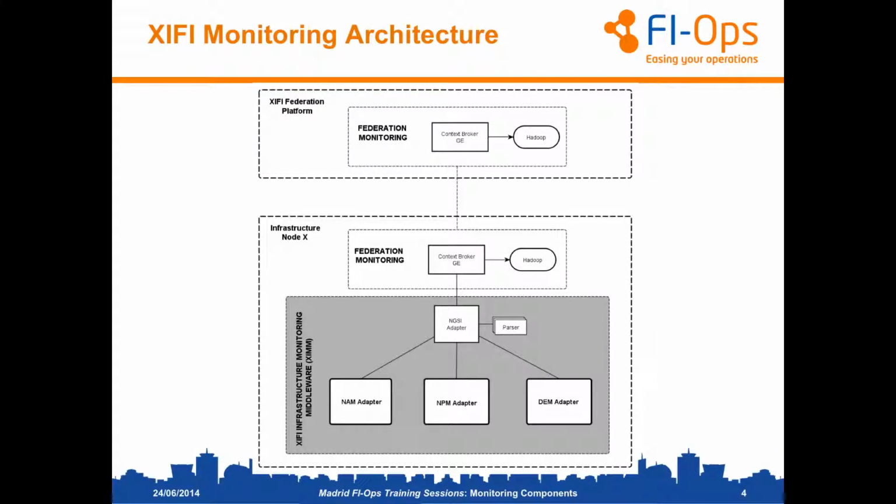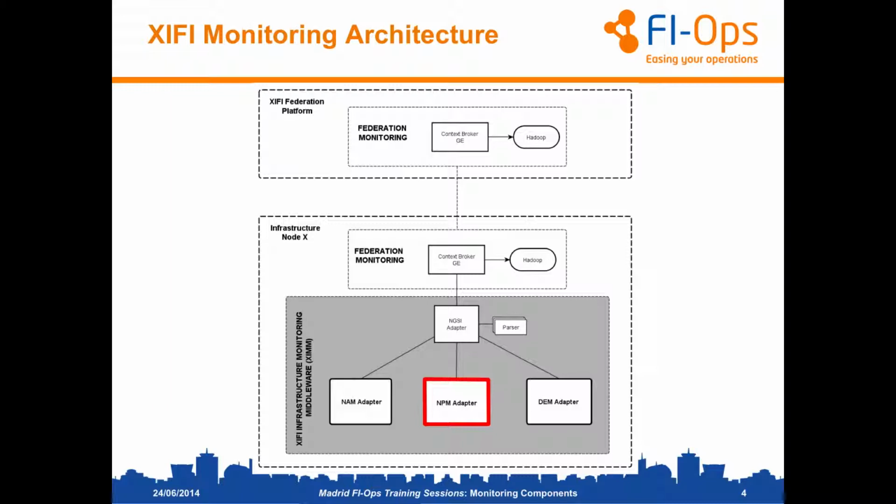As a high-level overview, this is pretty much the XIFI monitoring architecture. On the lower side, you can find what is expected to be installed on each node. Here you can see that we need three adapters: the network active monitoring, which is the NAM, and network passive monitoring, the NPM, which is pretty much for monitoring the switches and routers, I mean the network elements.